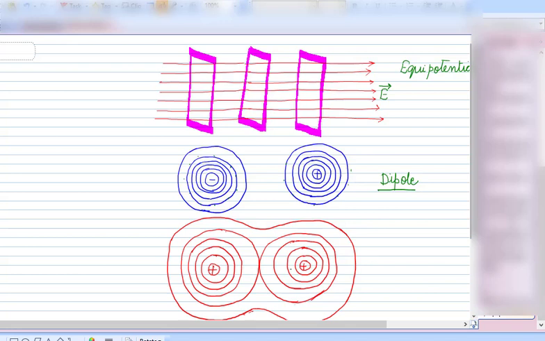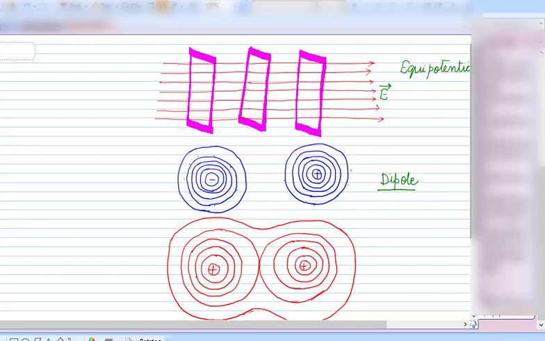And here we have taken two similar charges, both positive. You may take them as negative also. It doesn't matter, because the equipotential surfaces will be concentric spheres for both negative as well as positive. Here we have taken two positive charges, and you can see the concentric spheres, and these two are quite close.